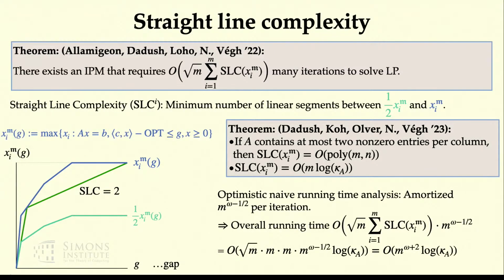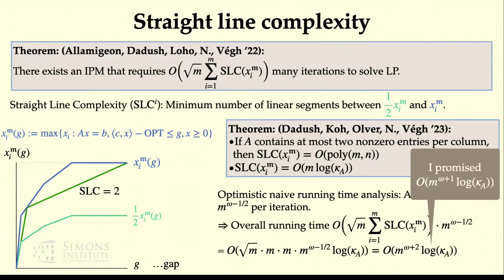Then the overall running time would be the number of iterations times the cost per iteration, and what you would get is m to the omega plus 2 times log kappa. So this would match the result that we had 3 years ago, but I did promise you that we get this down to m to the omega plus 1. So new ideas and new insights will be required to drop the running time by this linear factor.